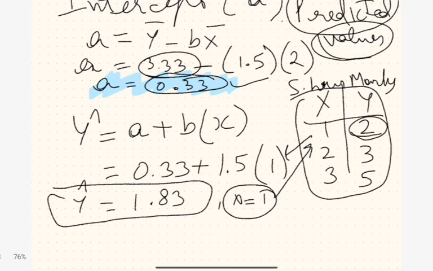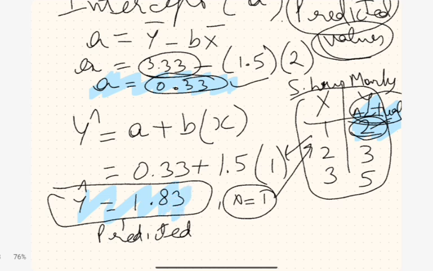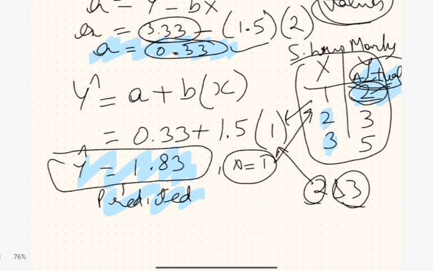This is the predicted value through the regression equation, and this 2 is the actual observed value in our sample data. Similarly, we work out for 2 hours and 3 hours, just replacing 1 with 2 and 3. So you get the values.